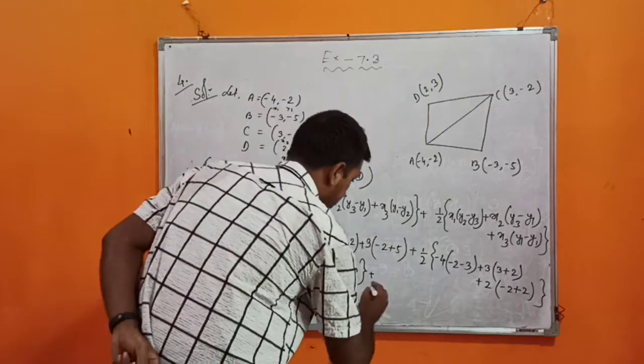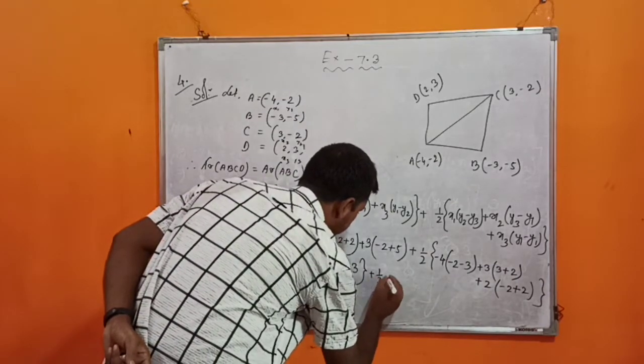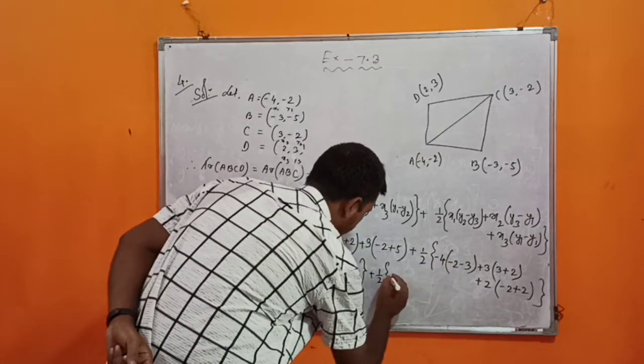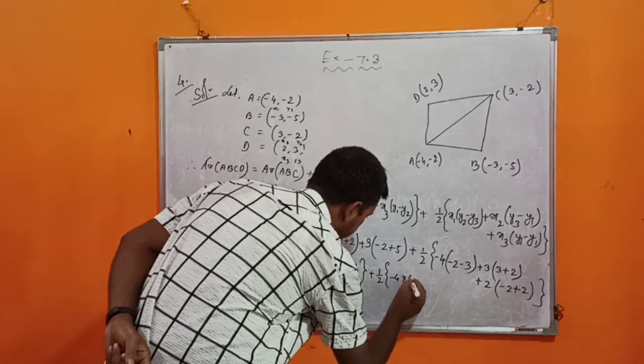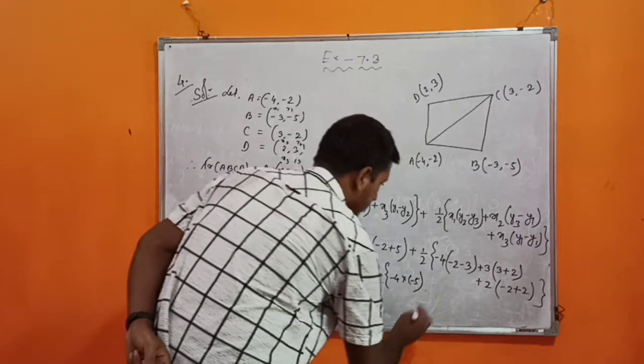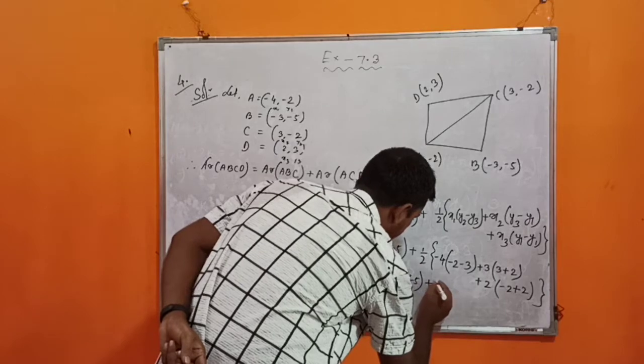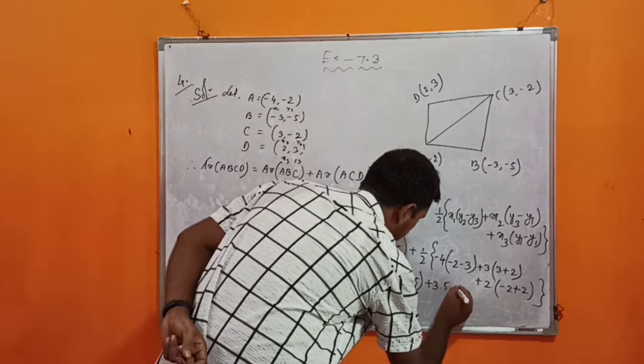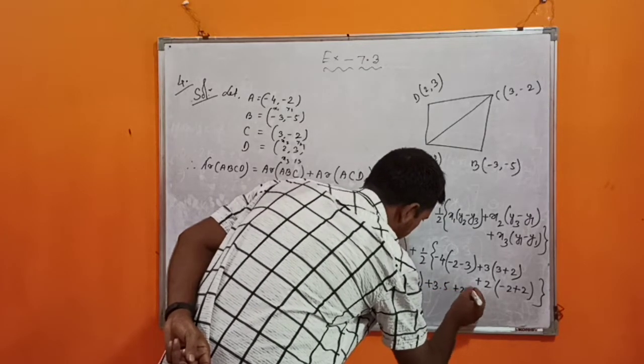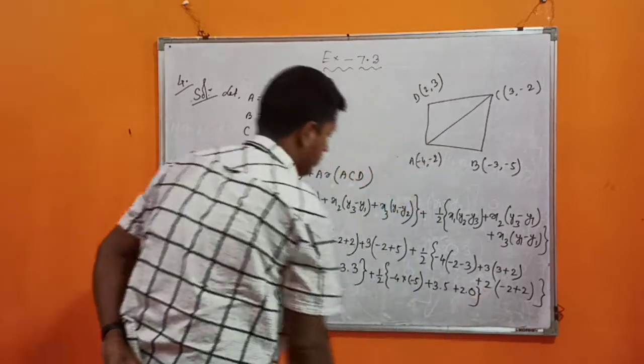So I am simplifying this one also. Half of minus 4 into minus 5 plus 3 into 5 plus 2 into 0, since minus 2 plus 2 will be 0.